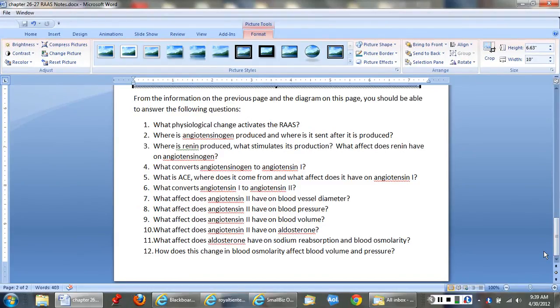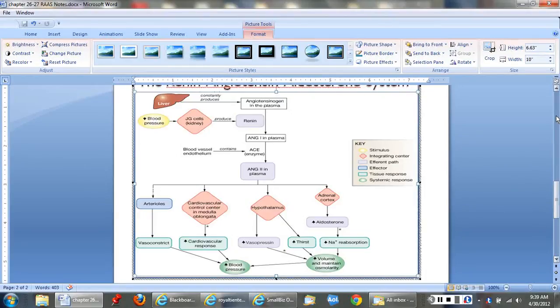Water's going there, right? So water will go into the blood, increasing blood volume and pressure. Exactly. Yep. There you go.